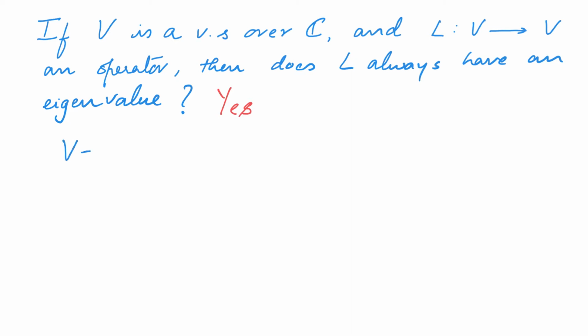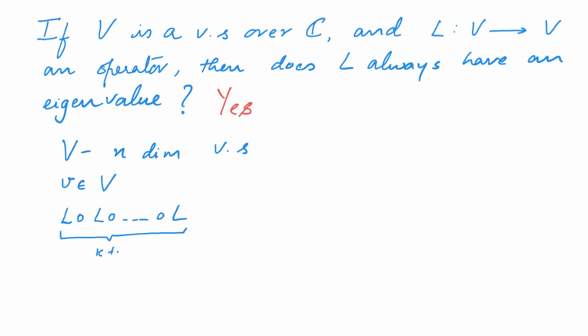Let V be an n-dimensional vector space. Let similarly v be an element in the vector space V. And further, let us denote the map L composed with itself k times by L power k.